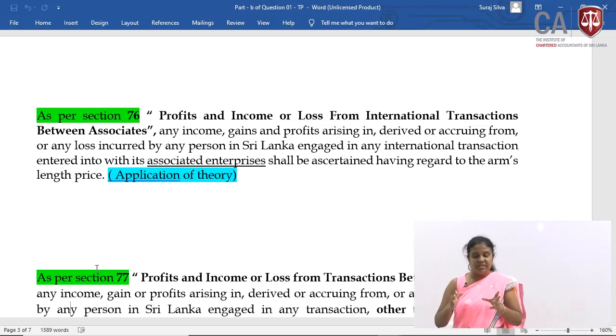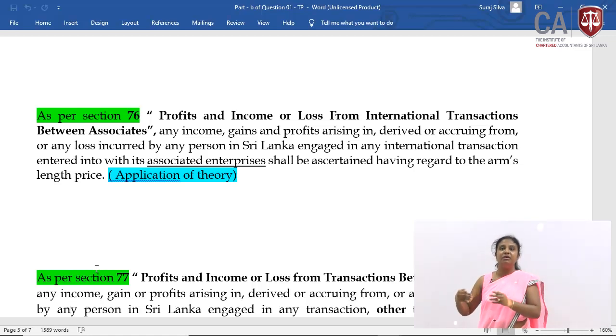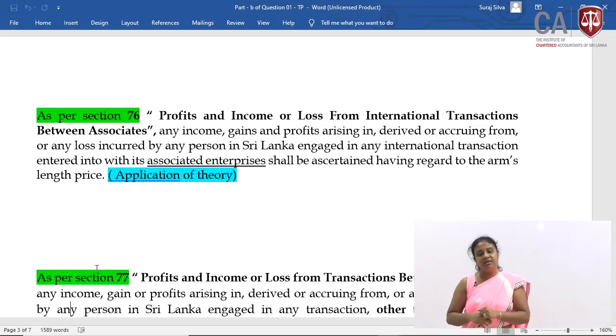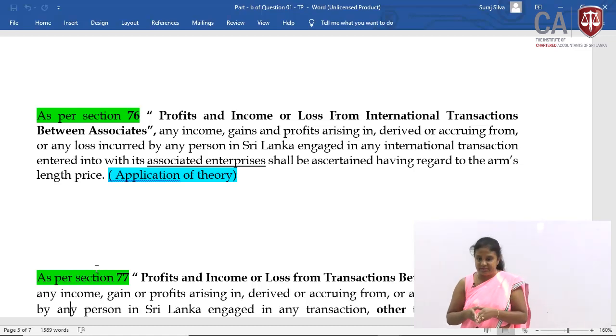Now there are so many transactions with the associated undertakings. First, I have highlighted the two sections, and going forward we will recognize the types of transactions. This is the extracted theory provision as per the Inland Revenue Act number 24 of 2017.